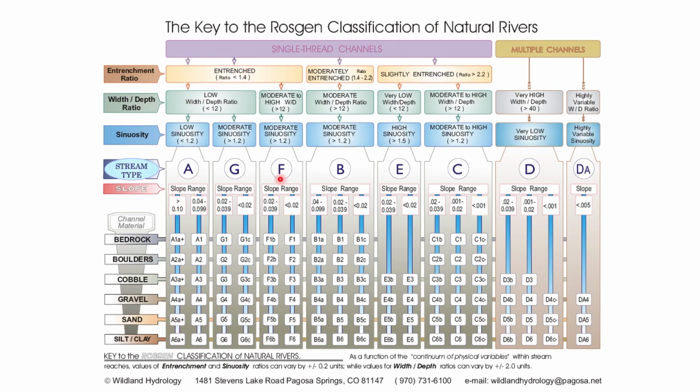This is one of the biggest challenges with this system: it's not really intuitive. There's no spatial organization to the different stream types, and there's a lot of confusion about all the different types of streams.